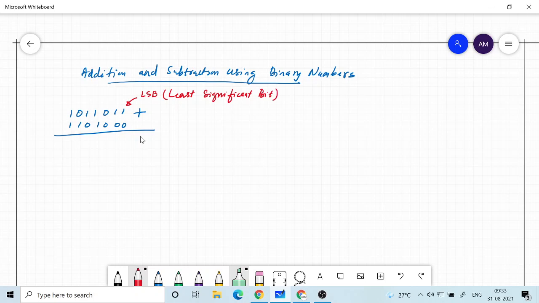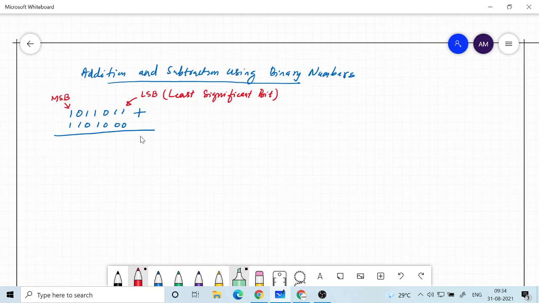And similarly, the leftmost one is called MSB, which is most significant bit. That means the place value here is much greater compared to, say, a 1 here and a 1 here. They don't have the same value. The least value is for the rightmost position. So that is why they have the names LSB and MSB.